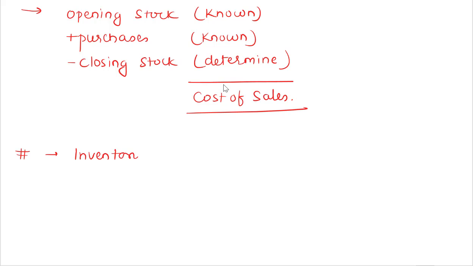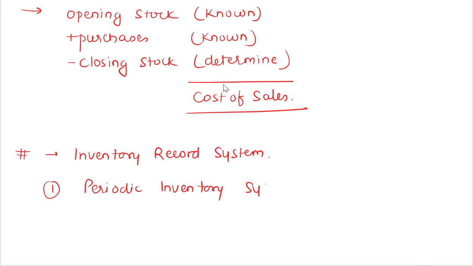Let's write inventory record system. The first inventory record system is periodic inventory system. Students, periodic inventory system means physical counting.